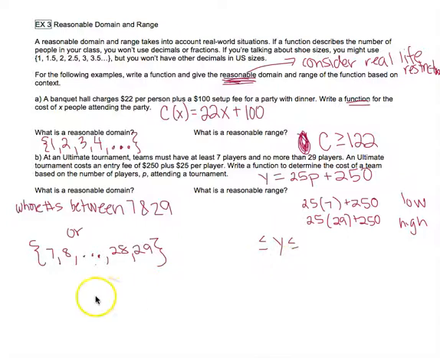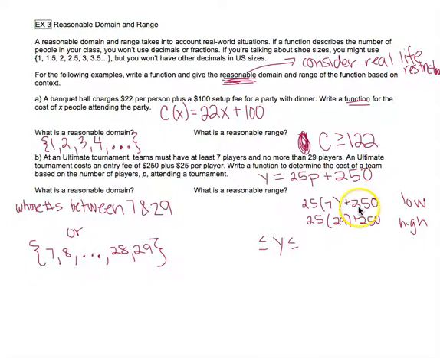So we're going to end up with our y being between 25 times 7 plus 250. So 25 times 4 is 100, so this is 175 plus 250.